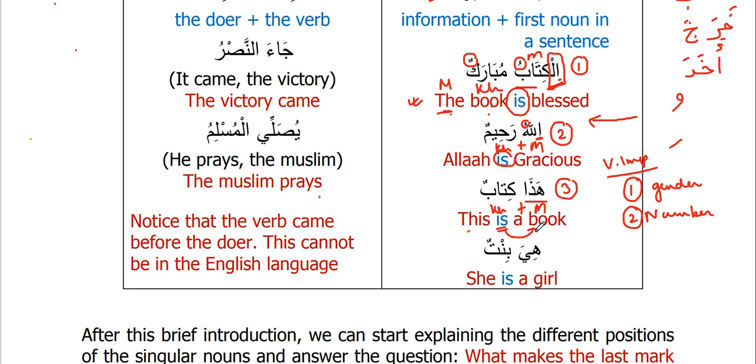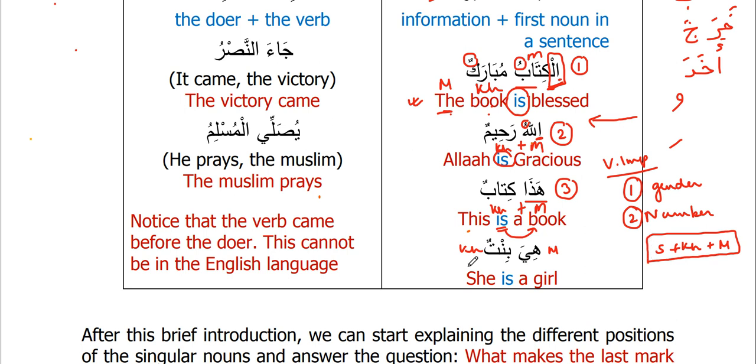Hiya bintun. Now this is the pronoun for a girl. So hiya bintun. This is our mubtada and this is our khabar. Simple. You apply the formula of mubtada plus khabar plus sifa. This is the formula you should always keep in mind whenever you want to check the i'rab, the harakas.